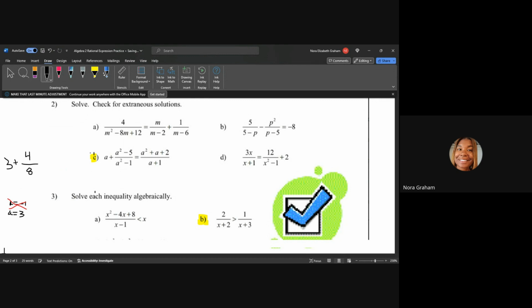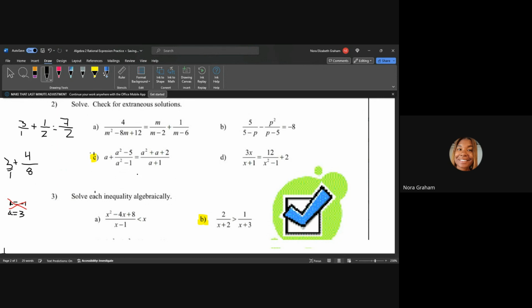Plus, so 3 over 1 plus 1 over 2. And then that's going to equal 7 over 2. Yeah, 7 over 2. That side equals 7 over 2.